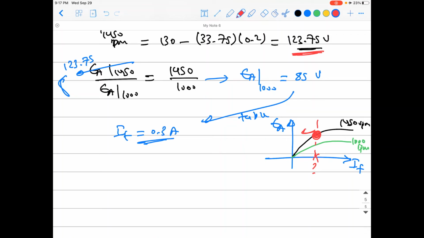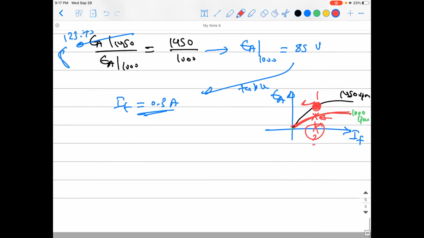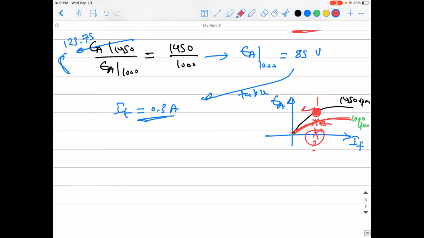Okay, so we can just use the direct relationship to find this value EA at 1000 RPMs, and then using both of them we can just go from this value, because this is the table you have, so you can find the corresponding IF. Okay guys, don't get confused about this.